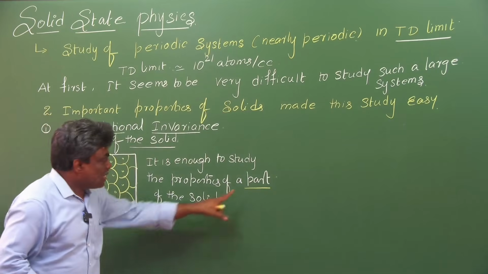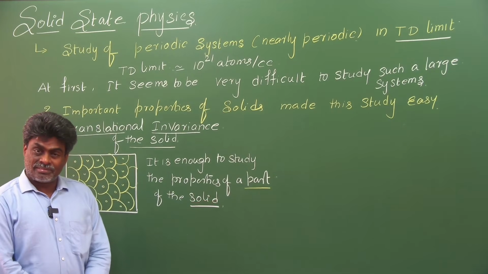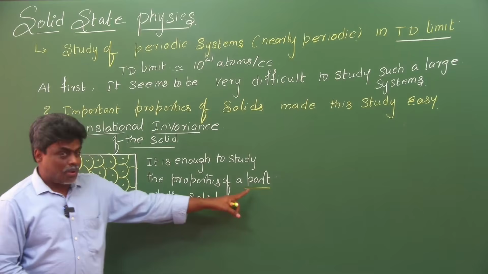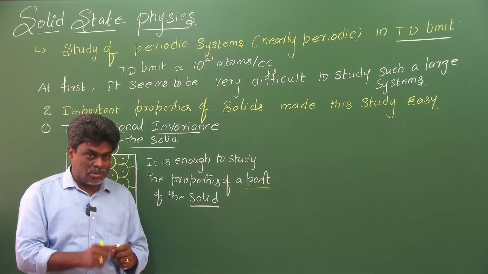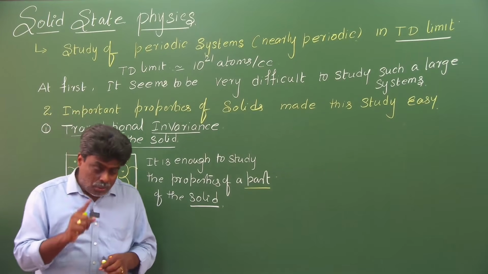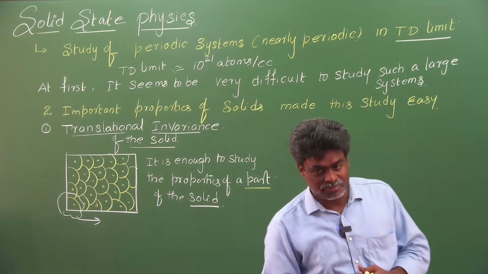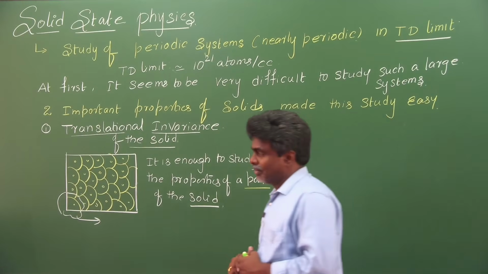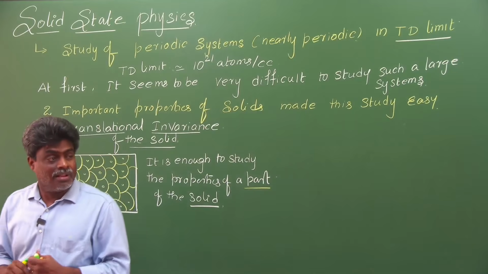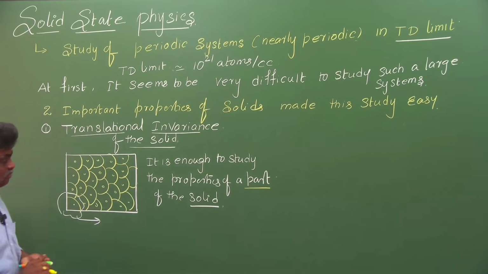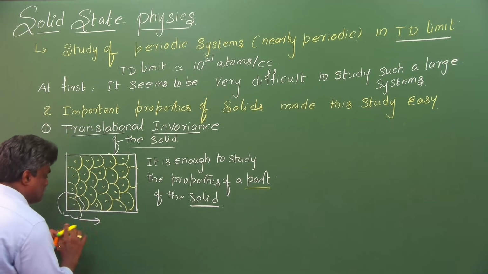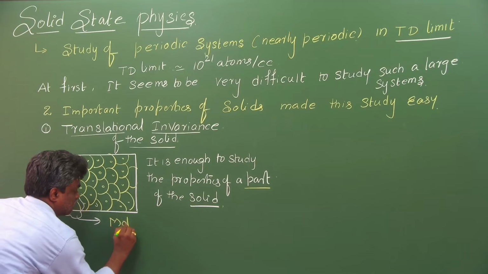What is that part called? We are studying only a part of the solid. What is that part called? Unit cell we call it in 3 dimensions. In 2 dimensions, what do you call it? Motif.